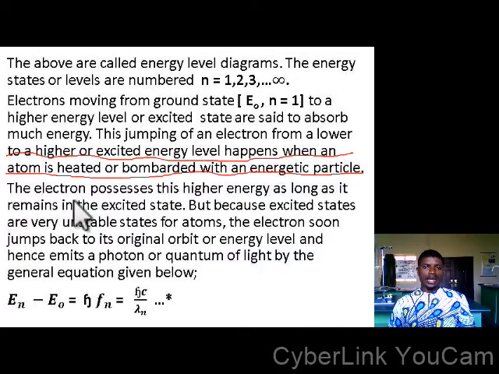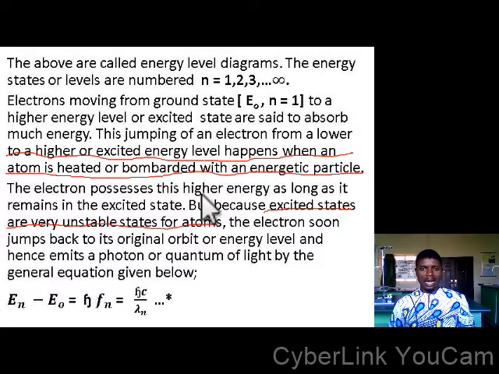So the electron possesses higher energy as long as it remains in the excited state. But because excited states are very unstable states, the electron will tell itself, I am going back to my roots, just like Lucky Dube sang in the song.